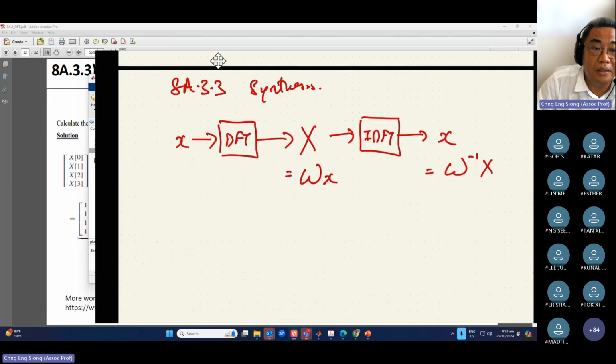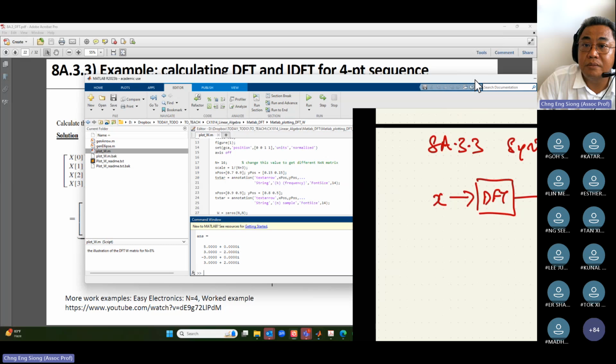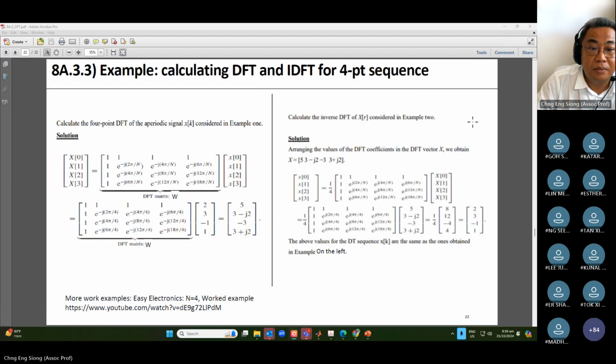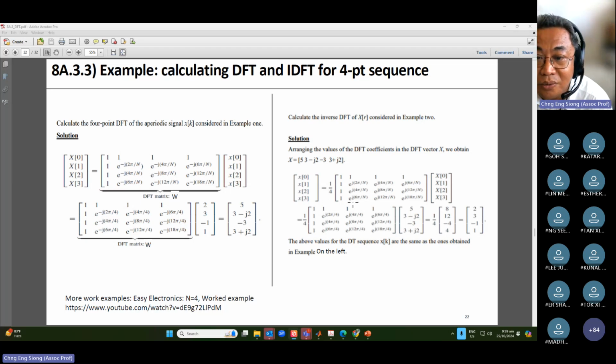So let's see our problem. 5, 3 minus j2, minus 3. So in fact, it's exactly these values, right? So I'm sending this big X here, and I'm writing this W minus 1. Ah, so now you see what is W minus 1.